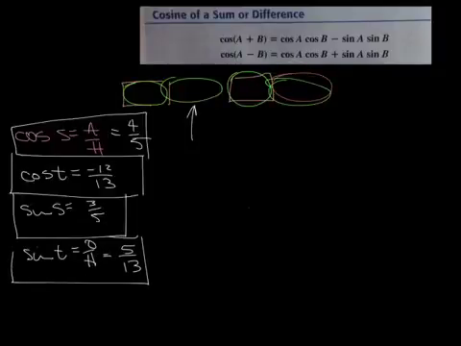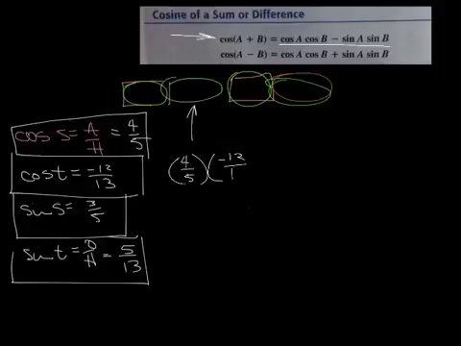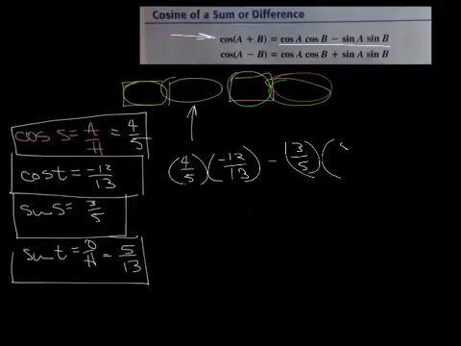Alright, so let's go ahead and look at my problem again. It says that the cosine of s plus t, so I'm using this one, it's going to be the cosine of s times the cosine of t, minus the sine of s, 3/5, times the sine of t, which is 5 over 13.